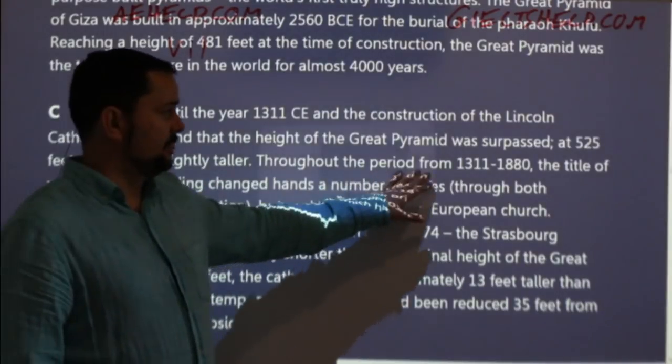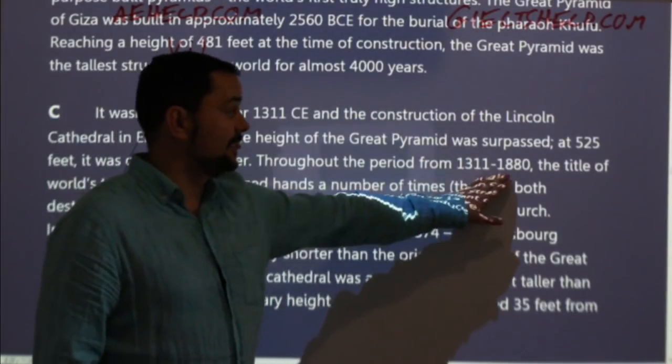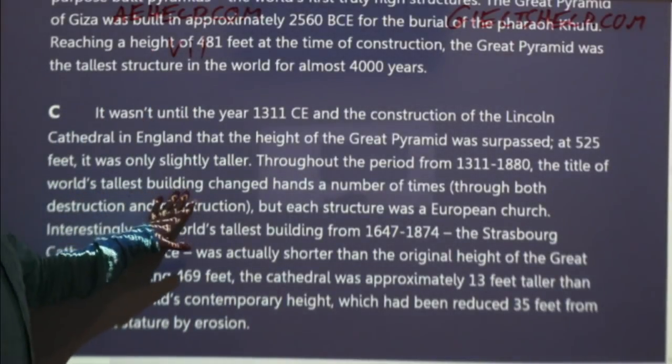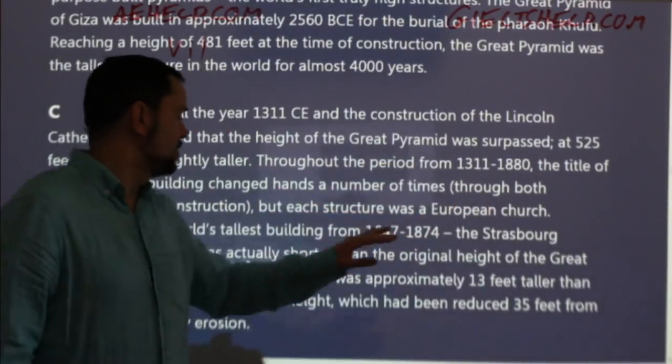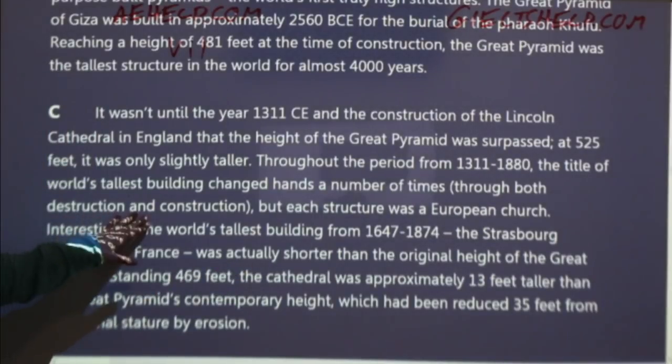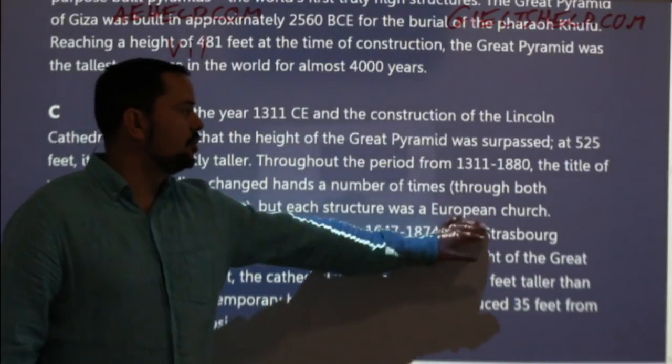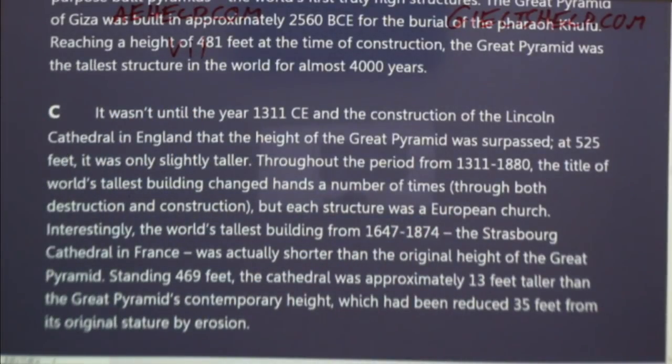Throughout the period from 1311 to 1880, the title of the world's tallest building changed hands a number of times through both destruction and construction, but each structure was a European church.